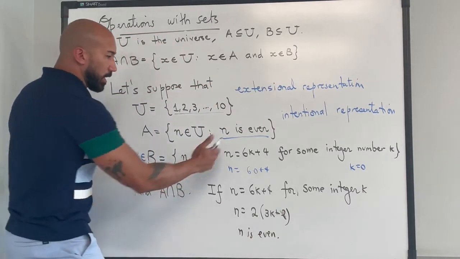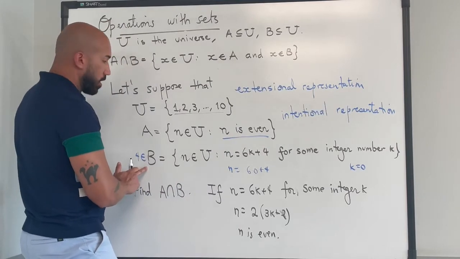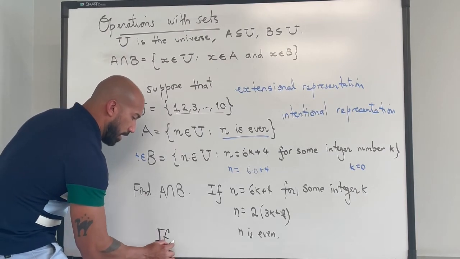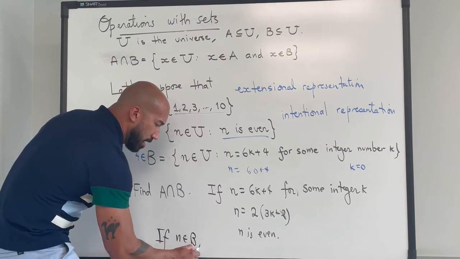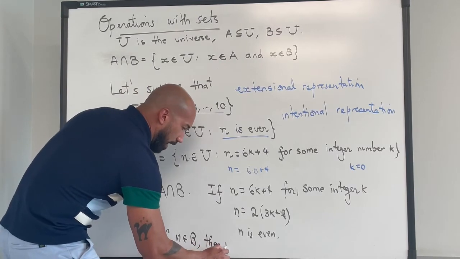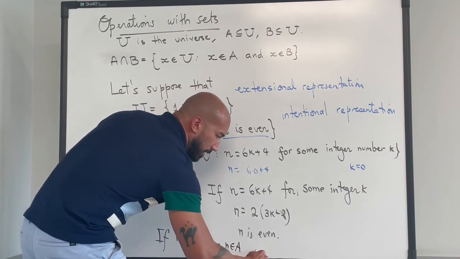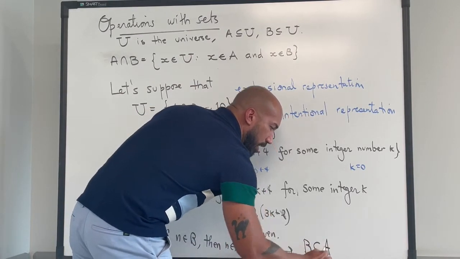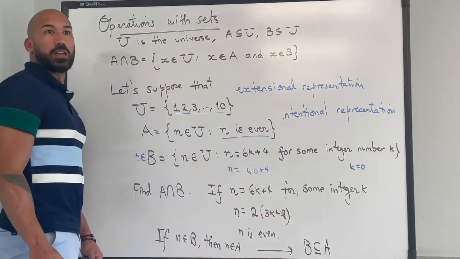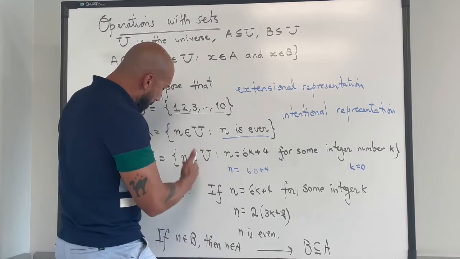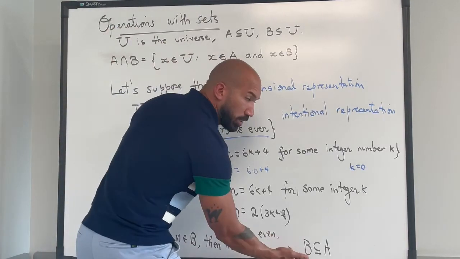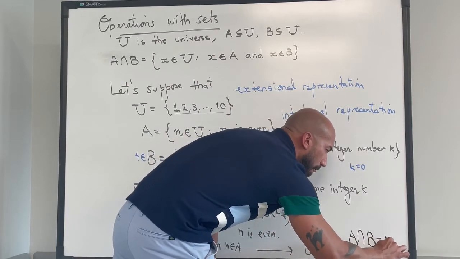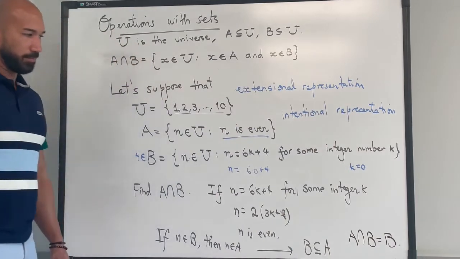So this is telling us that every element that is in B is going to be in A. So if n is in B, then n is in A, which implies that B is a subset of A. So B is included in A. And this is telling us that what A and B have in common is going to be the whole B. So in this case, we have that A intersection B is B.